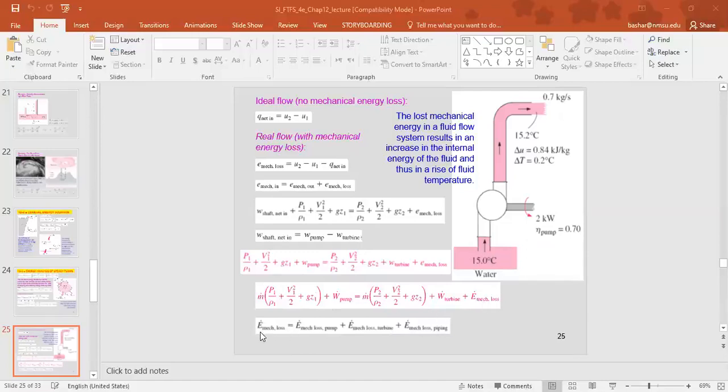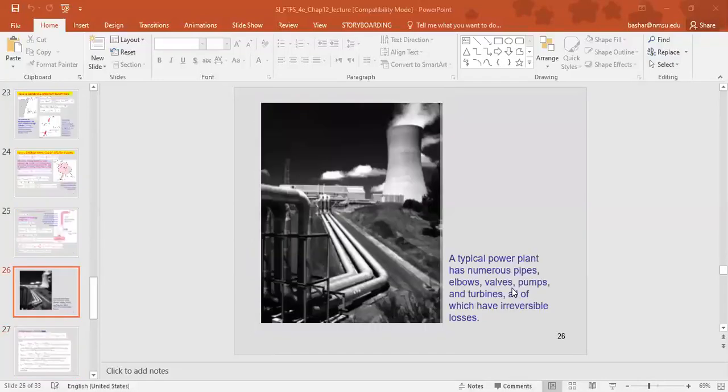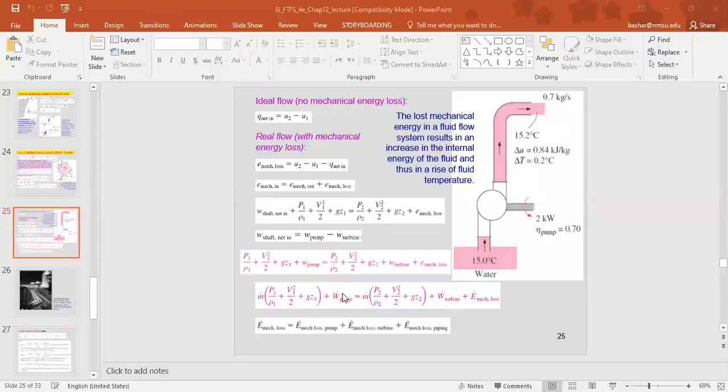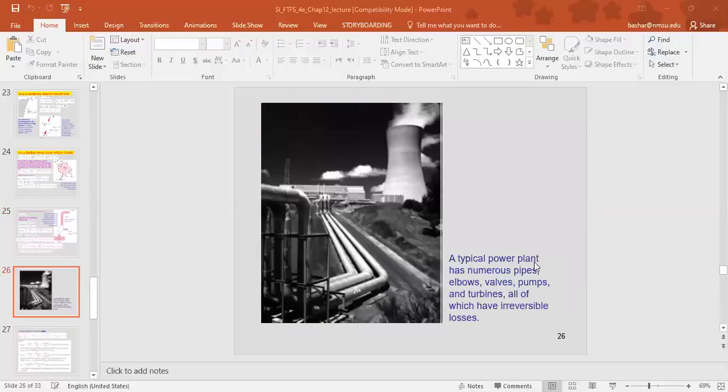The mechanical power losses represent the mechanical power losses in the pump, plus the mechanical power losses in the turbine, plus the mechanical power losses in the piping. Okay, while this here represents the pump power, this represents the turbine power.